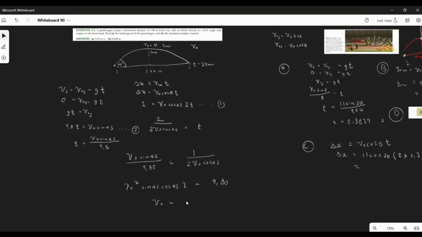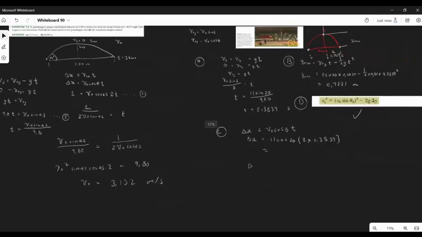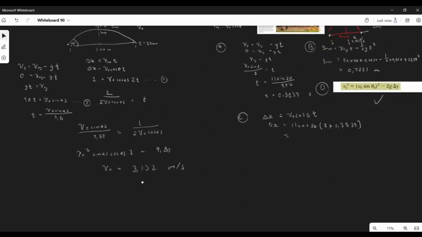So you should get 3.13 something. I think it's that. And obviously, to get B, you need to find the time, right? And we substitute this value back into equation 1 or equation 2. So it's entirely up to you.